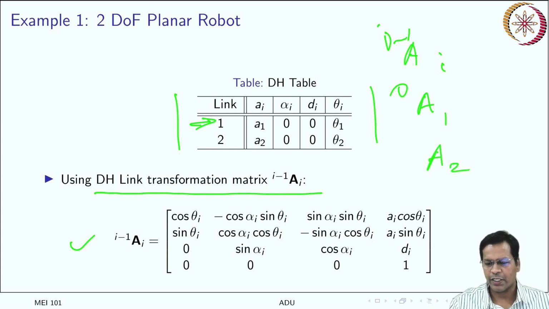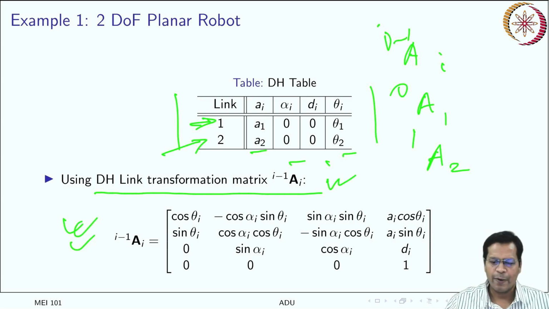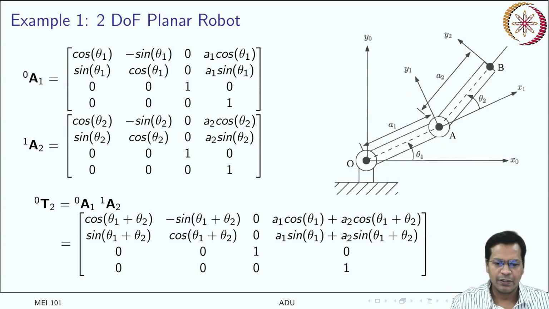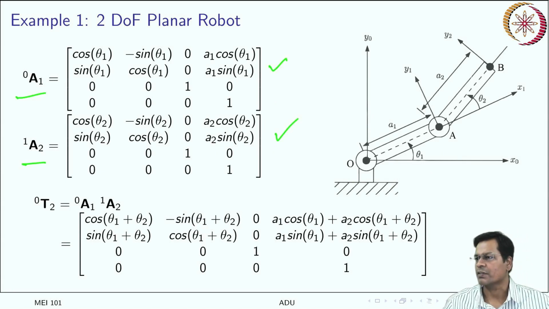Similarly for the second one, which is with respect to the first one, I will use all these values in this matrix. So this is the one which we just now derived, the link homogeneous transformation matrix. I will substitute these values here and I will get exactly these two transformation matrices.